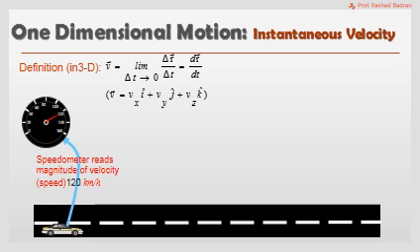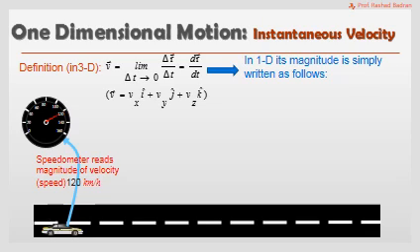In its simpler form, in 1 dimension, the velocity is the derivative of position x with respect to time, which gives the magnitude of the velocity vector in 1 dimension.